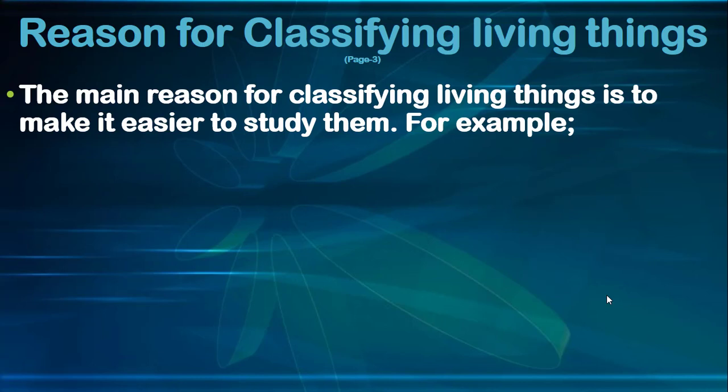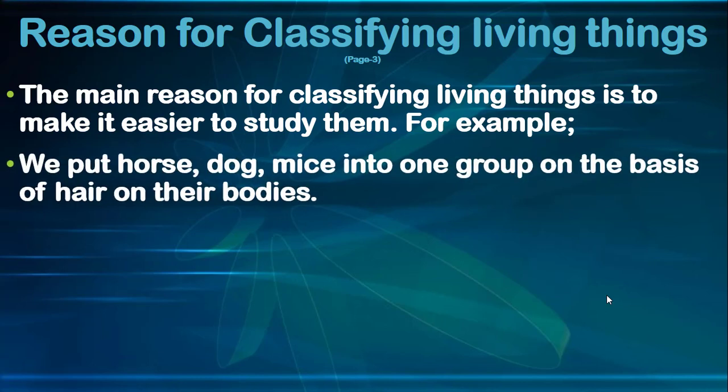Number 1, we put horse, dog, and mice into one group on the basis of hair on their bodies. So 3 living organisms, horse, dog, and mice, into one group on the basis of hair on their bodies.